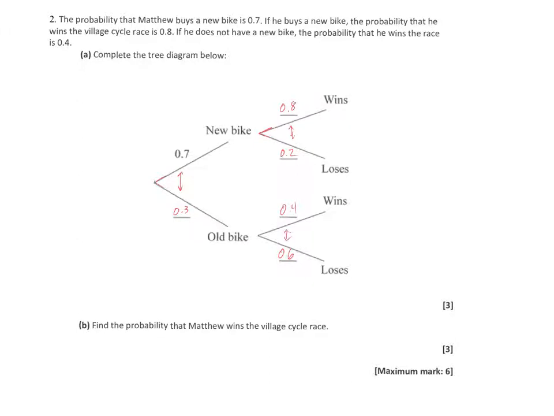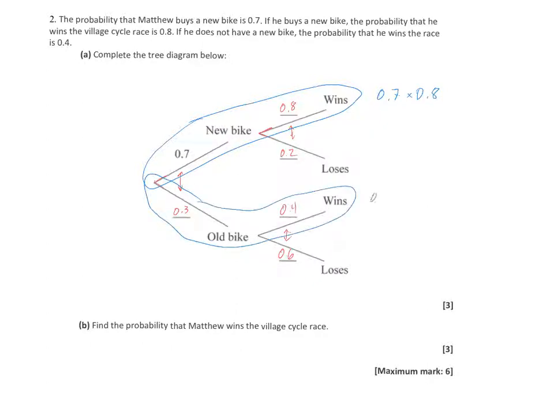And so then you find the probability that Matthew wins the village cycle race. And so that would be any path where he wins. So that would be this one, which would be 0.7 times 0.8. And then also this one right here, the 0.3 and the 0.4. So 0.3 times 0.4.